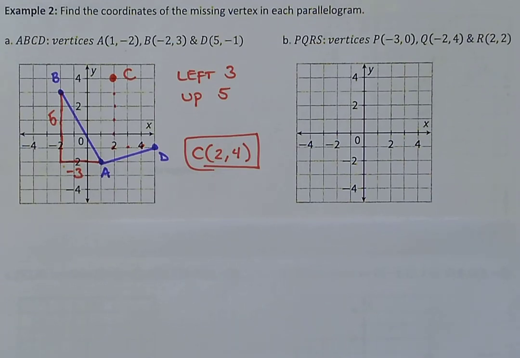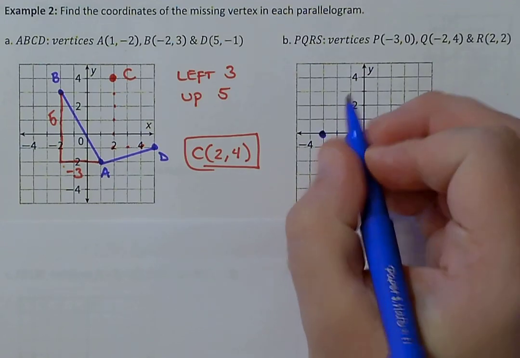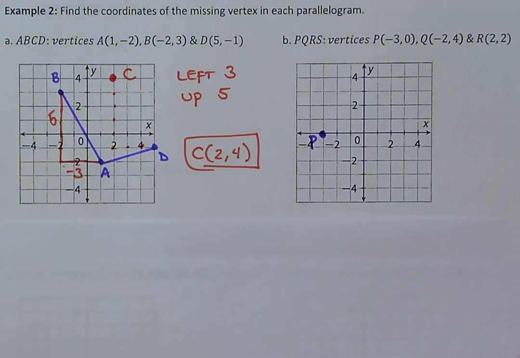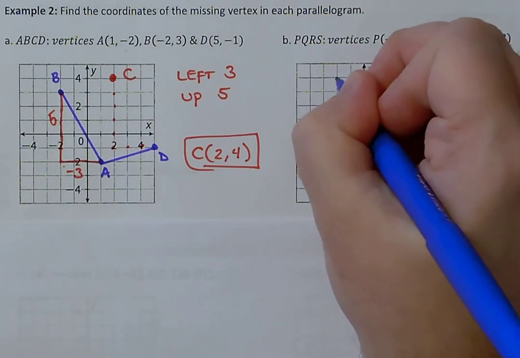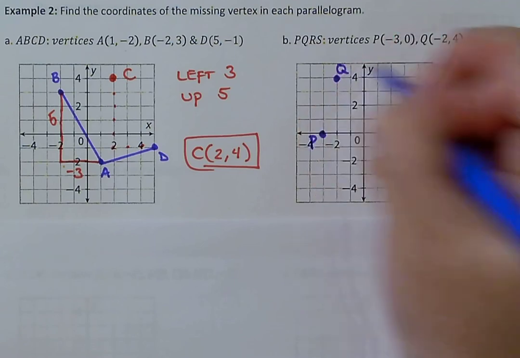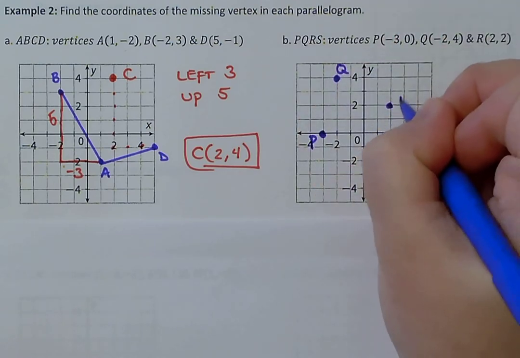For part B, we have PQRS, and they tell us the vertices for P are at (-3, 0). And then Q is at (-2, 4). And then R is going to be at (2, 2).